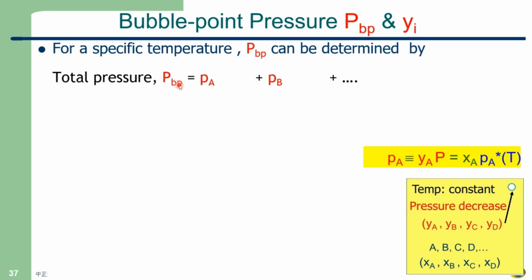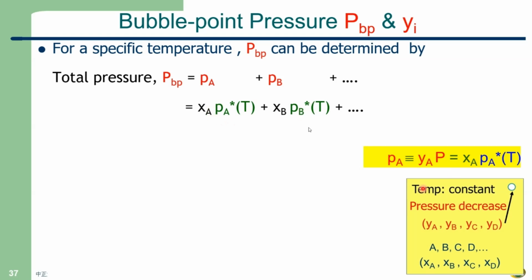I just told you that in order to get the bubble point pressure or temperature, you have to use the total pressure equal to the sum of partial pressures. And this is Raoult's law.